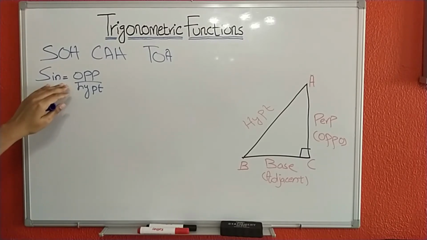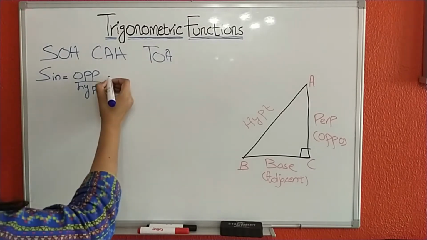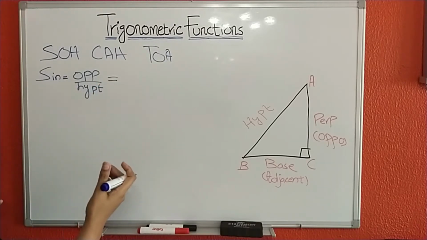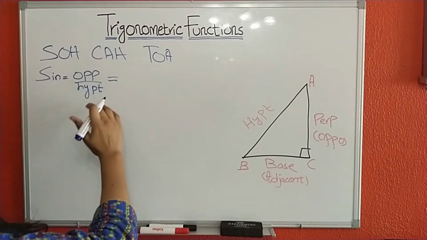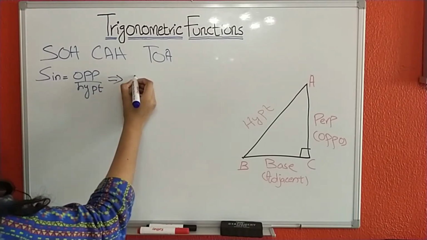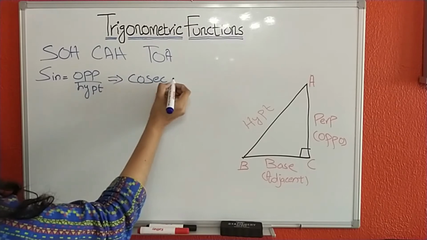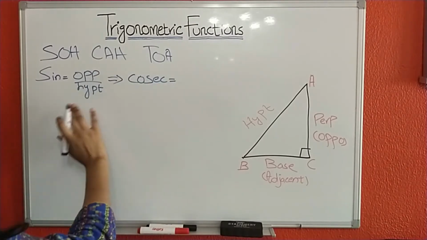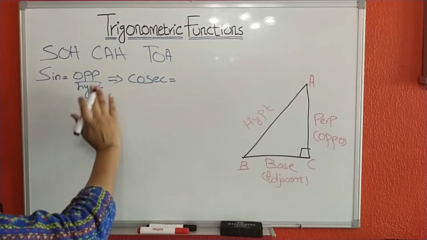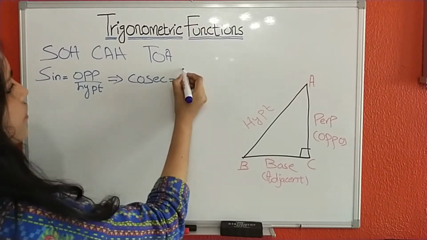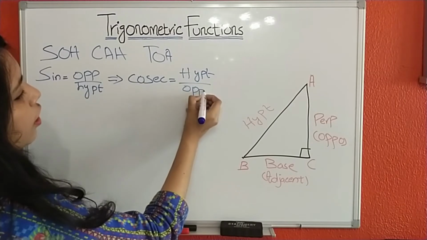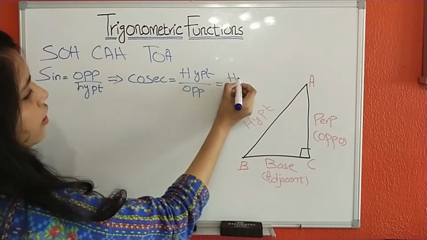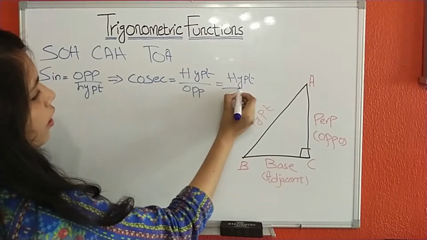The reciprocal of sine is cosec or cosecant. Since cosecant is the reciprocal of sine, I am writing its formula like this: hypotenuse upon opposite, or hypotenuse upon perpendicular.